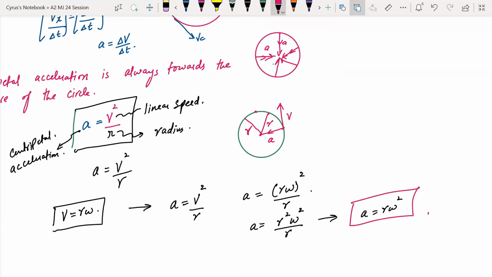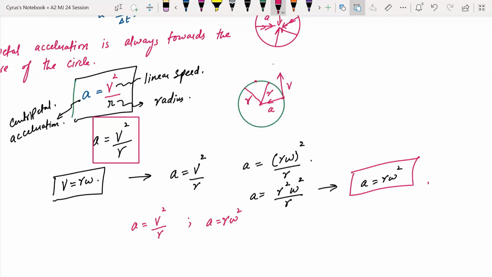So one is A is equal to V square over R. The other one is A is equal to R omega square. Here R is the radius and omega is the angular speed. ठीक है? तो ये दो formulas मैंने आपको बता दिए, right?